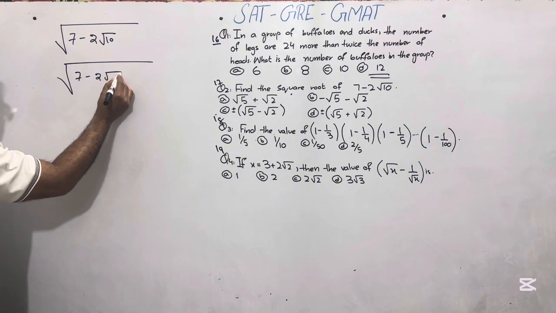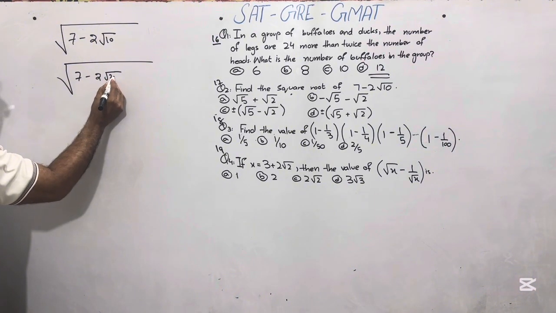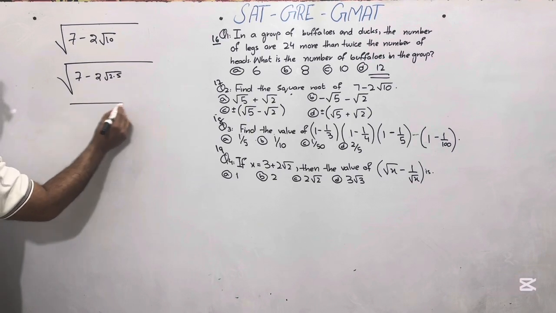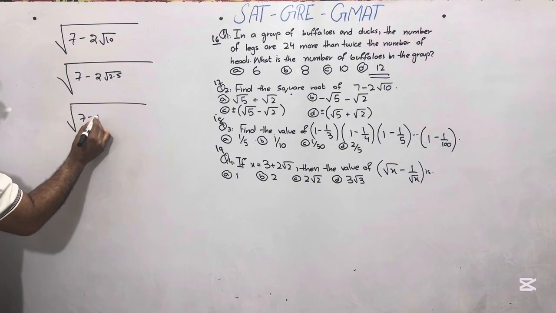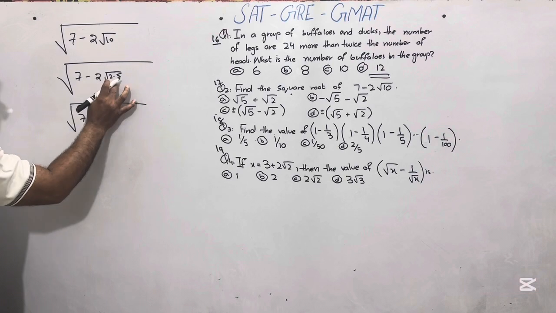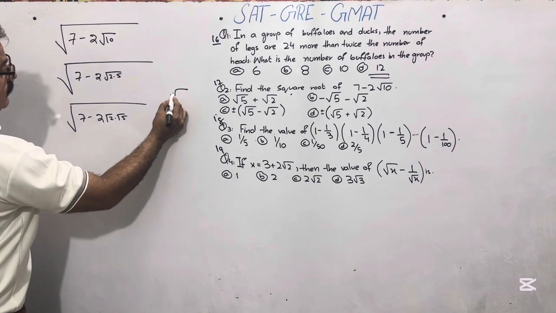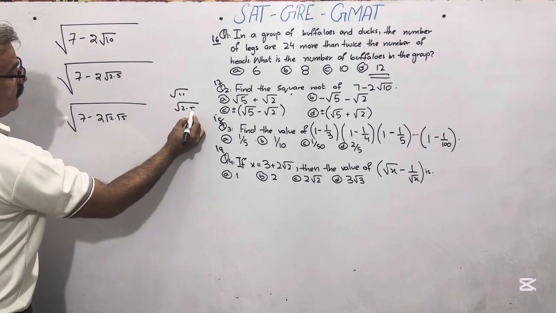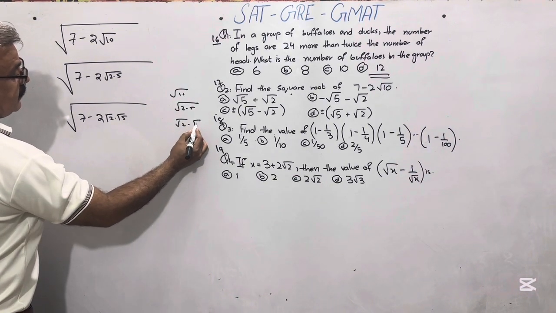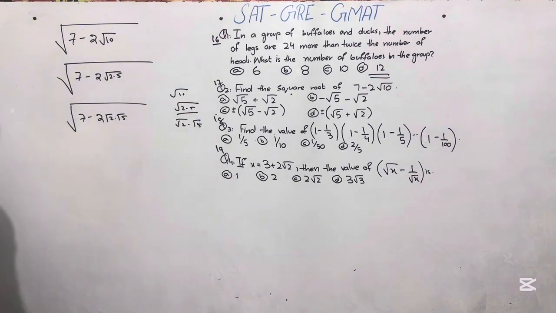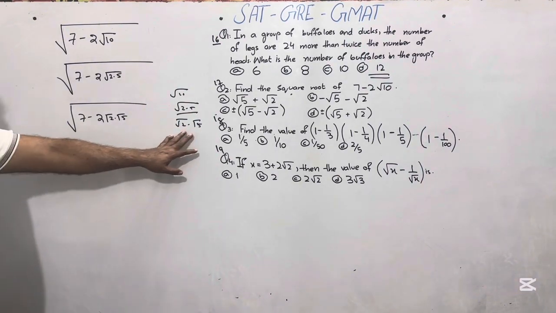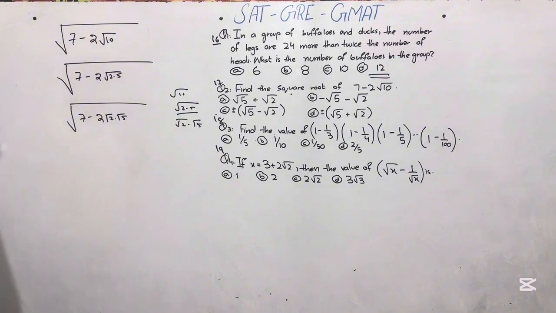Let me factorize 10 as 2 times 5. I can write 7 minus 2 times the square root of 2 times 5. Square root is distributed in case of multiplication, so we can write it as root 2 times root 5.